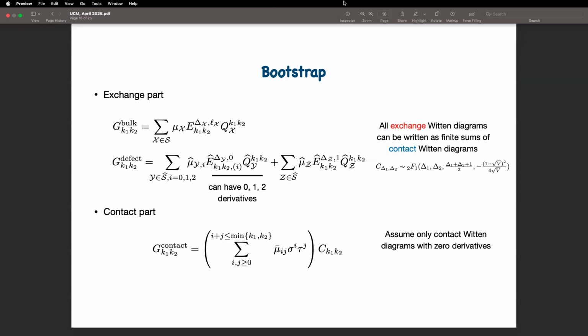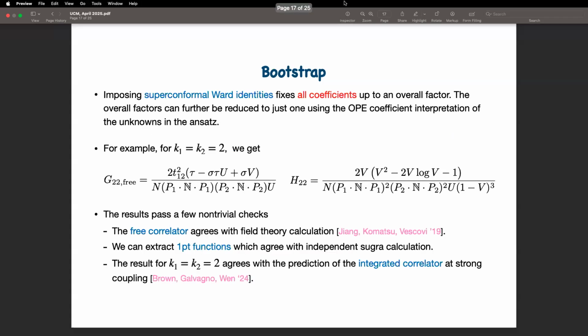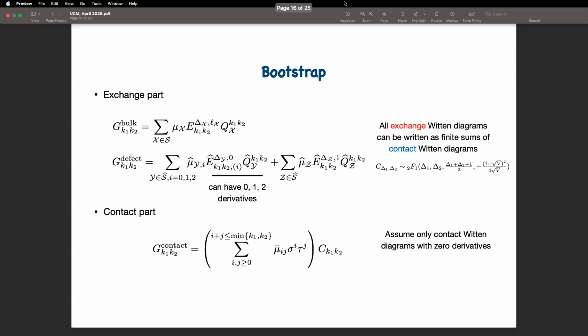If you add more derivatives, the behavior is enhanced in the high energy limit. In our case, the supergravity limit, we do not expect the contact interactions to dominate the high energy limit. Therefore, we make this assumption that you have the lowest number of derivatives. Okay, so we have an ansatz, and we know how to evaluate these diagrams as functions of the cross ratio.